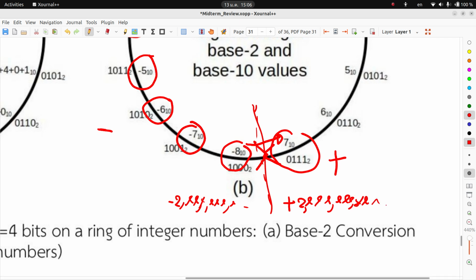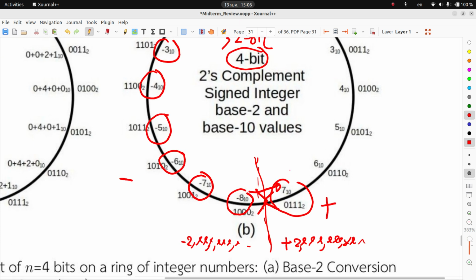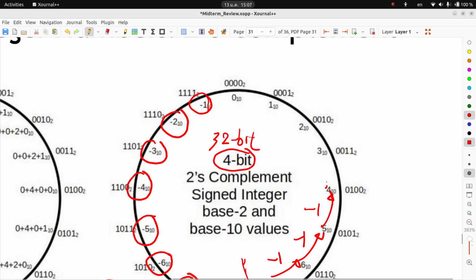Okay? And if you keep subtracting one more, what happened? You're going to cross from the positive side to the negative side again.